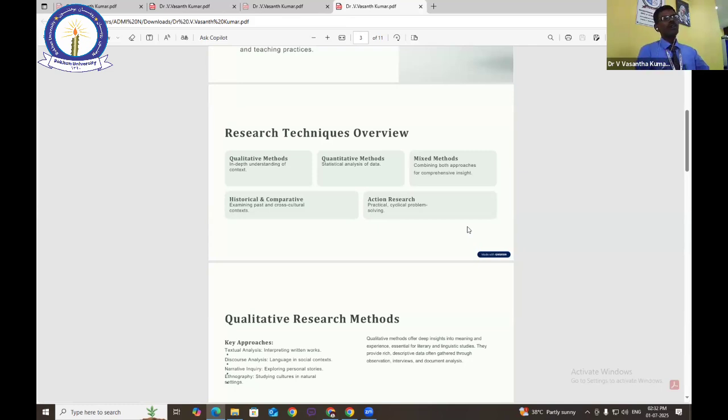Quantitative method means, as a literature man, I have another English research, that is English language teaching. In that type, we are going to find statistical values. For example, if I am going to research the values of communicative English methods in higher secondary education, I am going to apply statistical tools to those students.